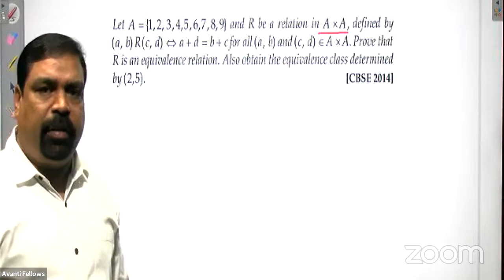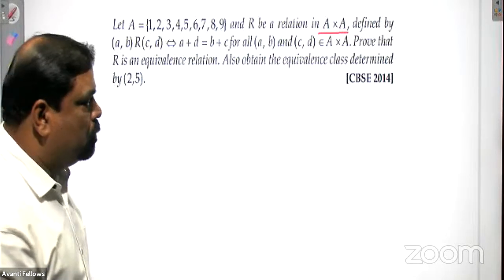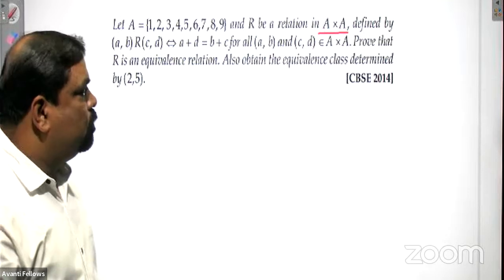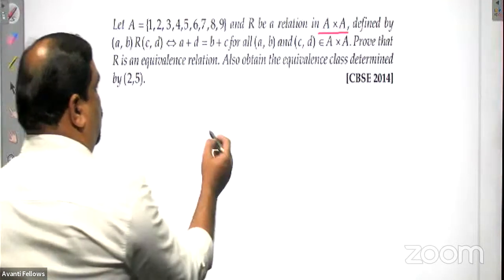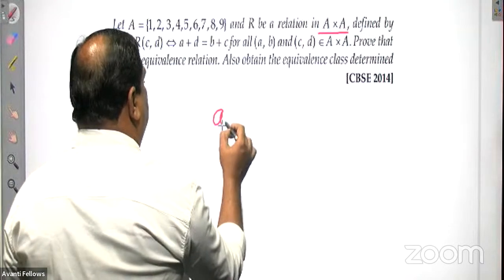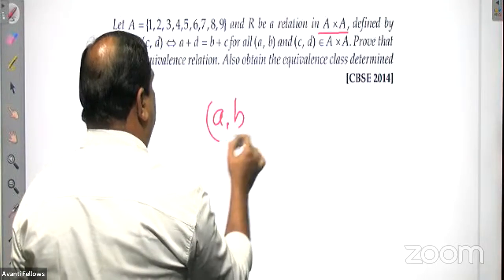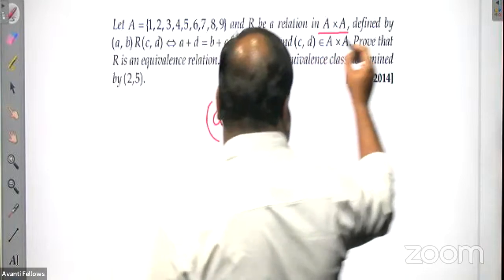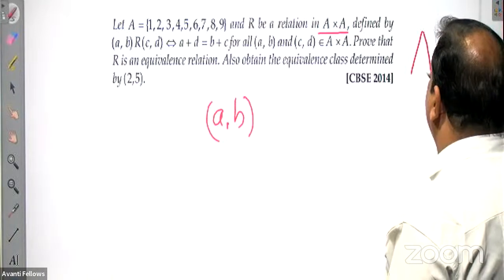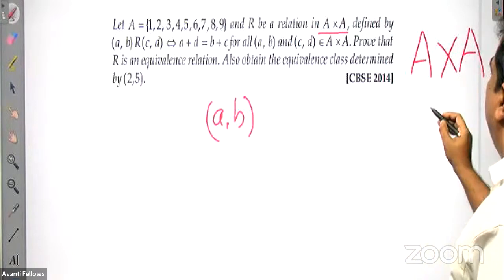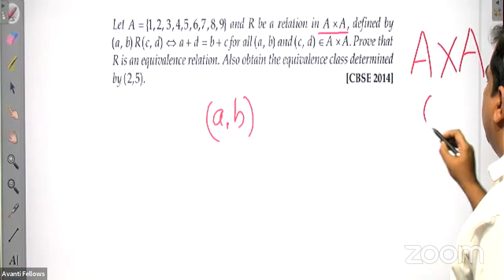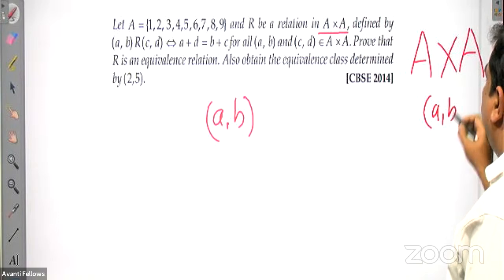So this is the question. The relation is like this. One element is (a, b). Remember, every element of A cross A, the set itself is A cross A, is of the form a comma b.